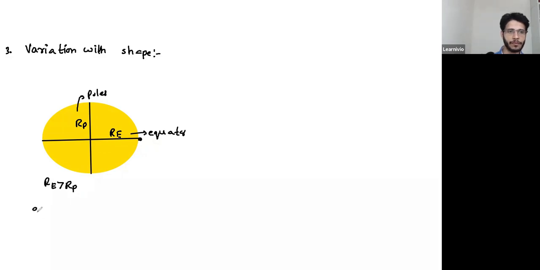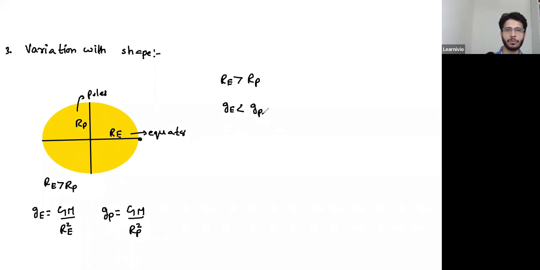If I calculate the acceleration due to gravity at equator, then this is GM over Re square. If I calculate the same value at poles, then it comes out to be GM over Rp square. Now, since equatorial radius is greater than polar radius, the value of acceleration due to gravity at equator is less than the value at pole.